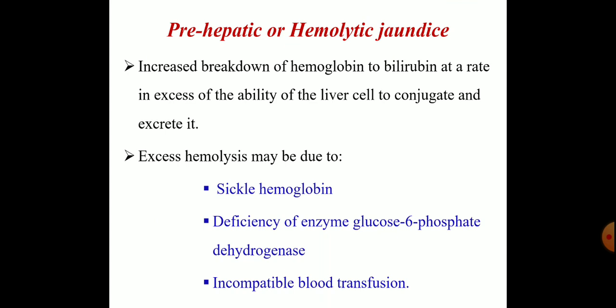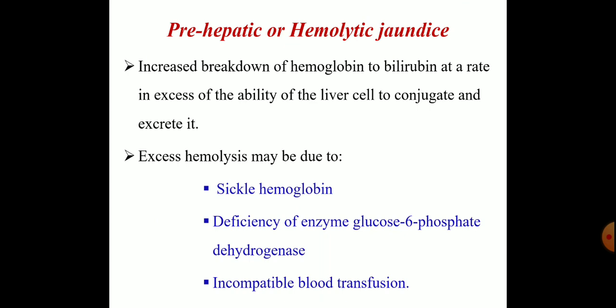Then prehepatic or hemolytic jaundice. In prehepatic or hemolytic jaundice, there is increased breakdown of hemoglobin into bilirubin at a rate in excess of the ability of the liver cells to conjugate and excrete it. There is excessive production of bilirubin than the ability of the liver to conjugate it with glucuronic acid.